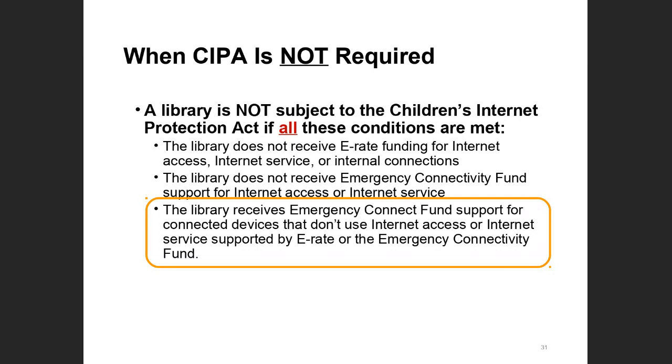So they could get some discounts on more laptops for their lending program, and that doesn't trigger CIPA compliance. So there might be a few libraries out there that can jump in and get this funding and not have to comply with CIPA if they have intellectual freedom grounds where they don't want to engage in filtering. Just a unique opportunity here.